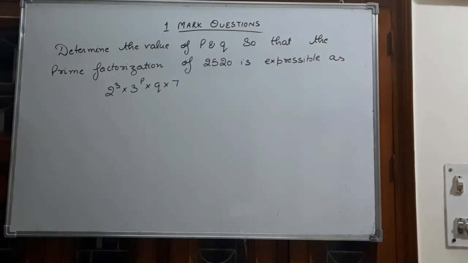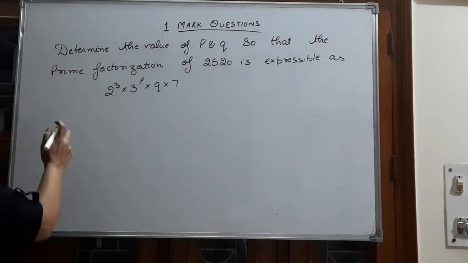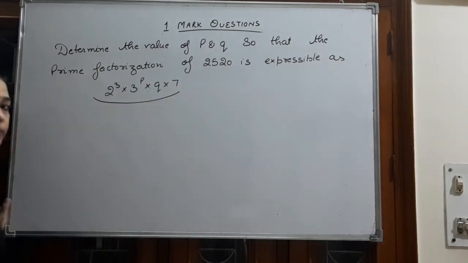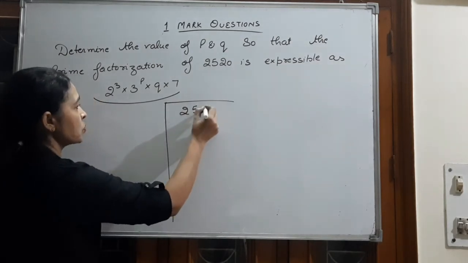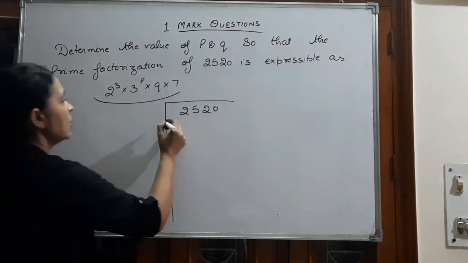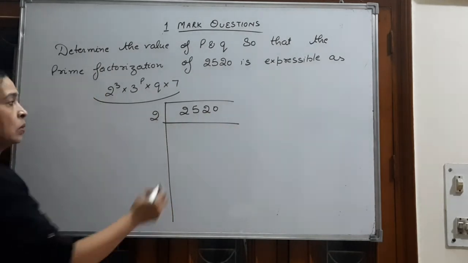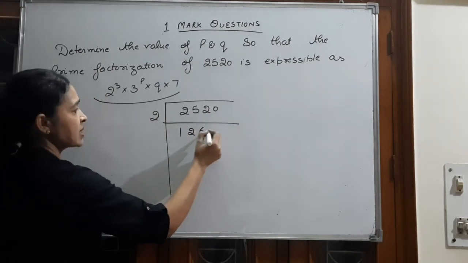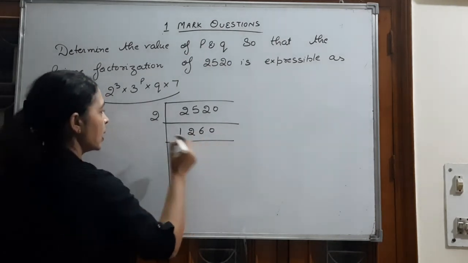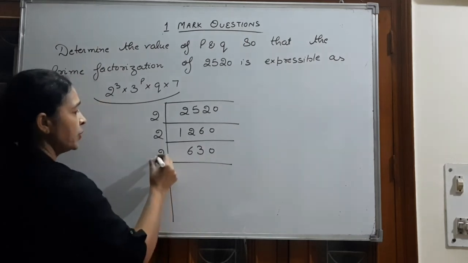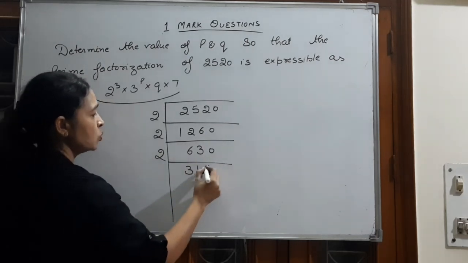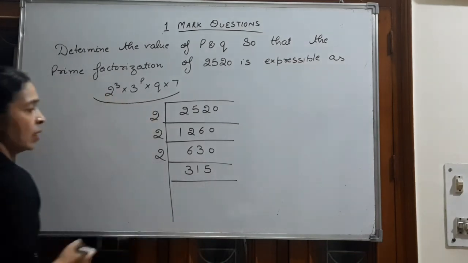Determine the values of P and Q so that the prime factorization of 2520 is expressible as 2 to the power 3 into 3 to the power P into Q into 7. What do we have to do? We have to find the prime factorization of 2520. Divide by 2: 2 ones are 2, 2 6s are 12, 0. Again by 2: 6 is 12, 0. Again, 2 3s are 6, 2 1s are 2, 2 5s are 10.